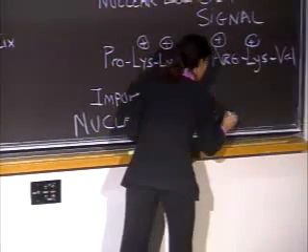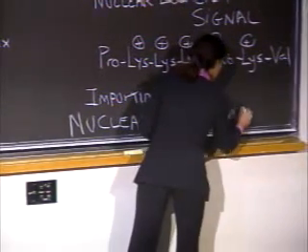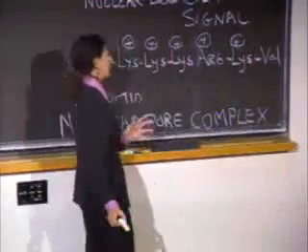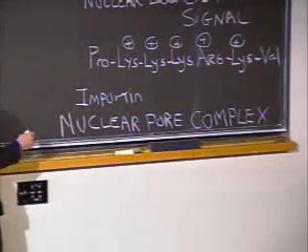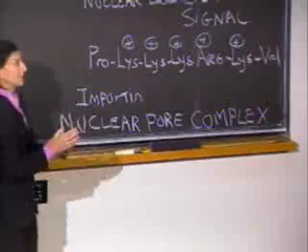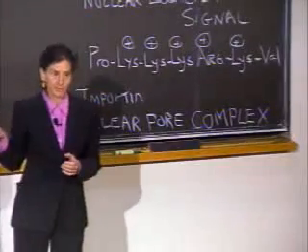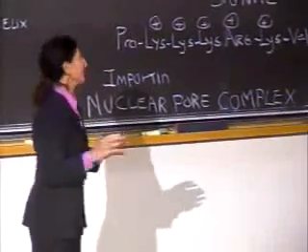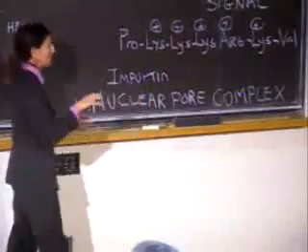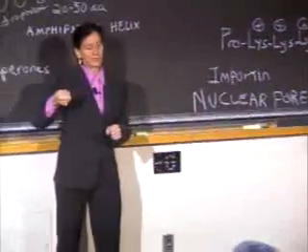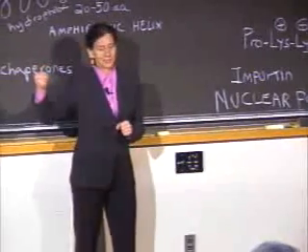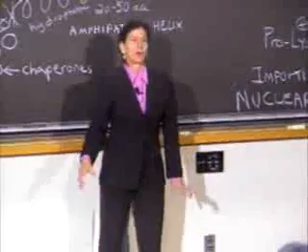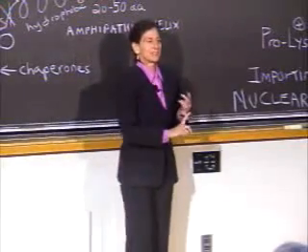It's huge. And it's permeable to ions, but not to proteins unless they're carried in on an importin. Now, there's no energy required to get the importin, bringing in the nuclear protein, into the nucleus. But for the importin to get back out into the cytoplasm, it requires the hydrolysis of GTP.